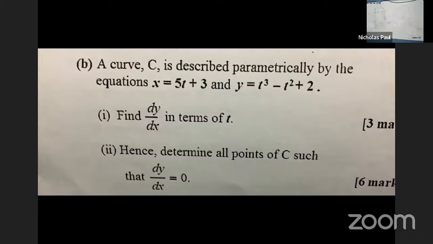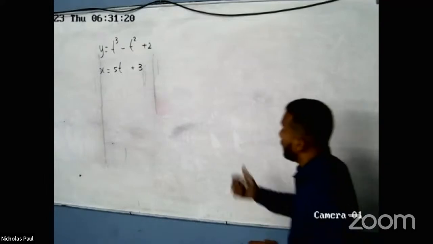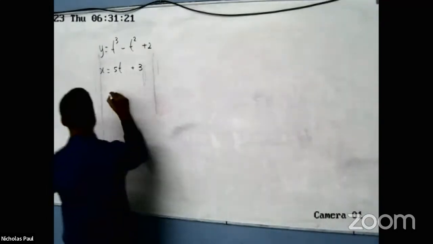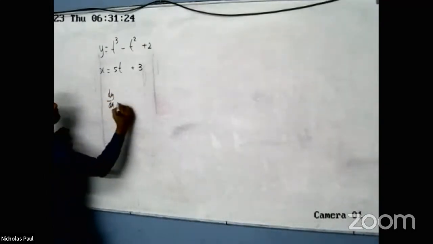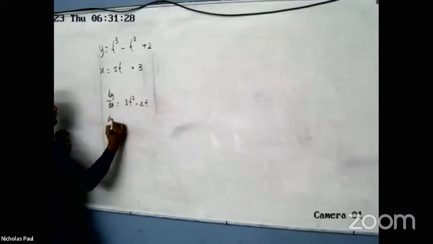All right, let's check this out. dy/dt is 3t squared minus 2t, dx/dt is equal to 5.